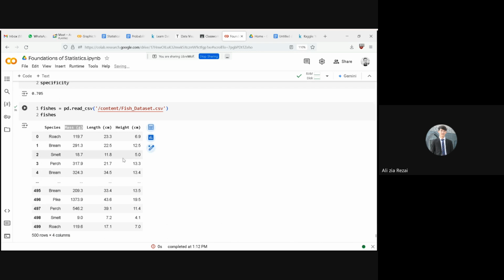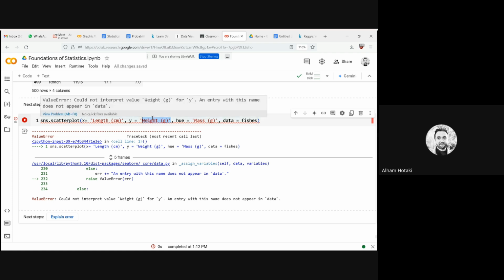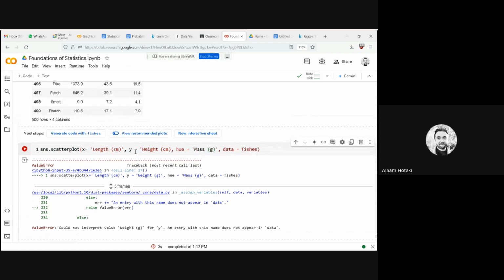Instead of weight, we have to use height. There is no weight, there's height.